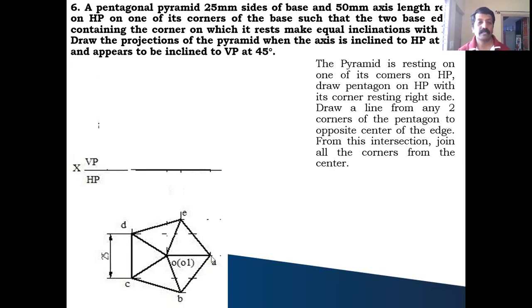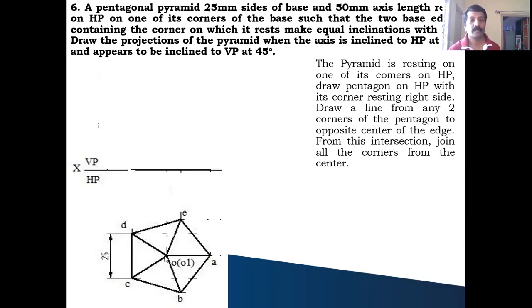You take more than half of any one of the edges and cut an arc. Wherever the intersection points you get, join it to the opposite corner. Any two sides, if you bisect and join to the opposite corner, wherever those lines intersect, that is the center of your pentagon.